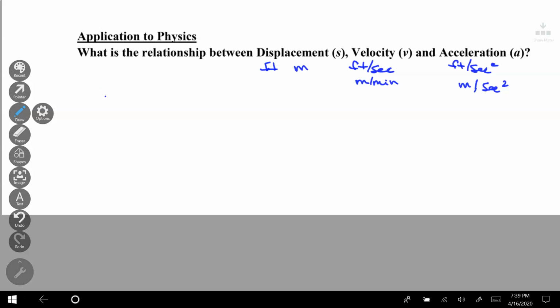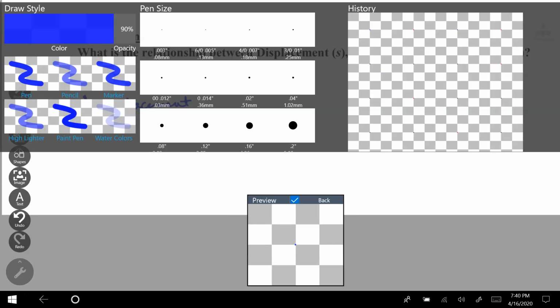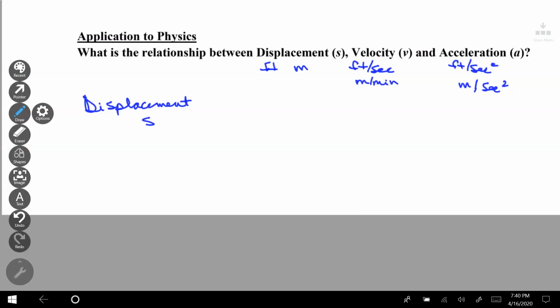So when I have displacement, I call that s, and if I take its derivative, s prime is equal to velocity.